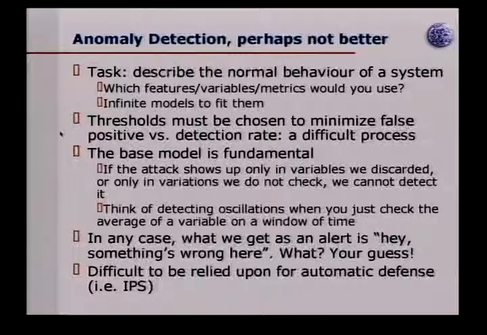A misuse detector says to you, this particular vulnerability has been used on this particular host, and guess what? Your host was vulnerable, and guess what? The attacker got back a shell. That's way better if you want to do reaction. So, anomaly detection systems, until now, are not very useful for intrusion prevention.